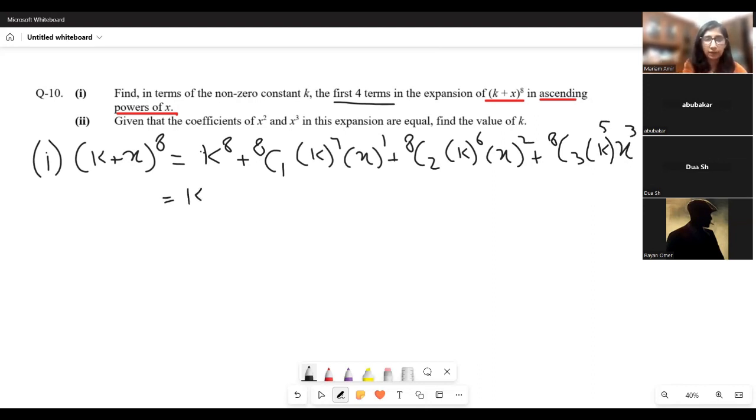So we're getting k power 8 plus 8c1, which you should already know is 8 without even using a calculator. So that's 8k power 7 x. And the next term is 8c2, which is 28, k power 6 x squared, and then 8c3 is 56 k power 5 x cubed.